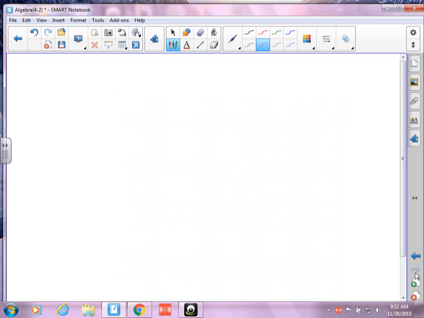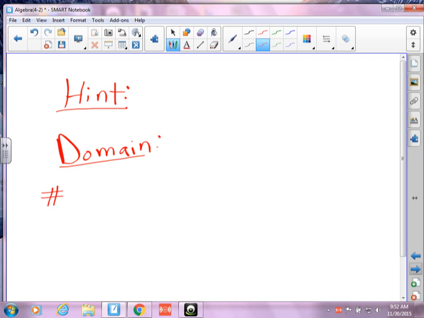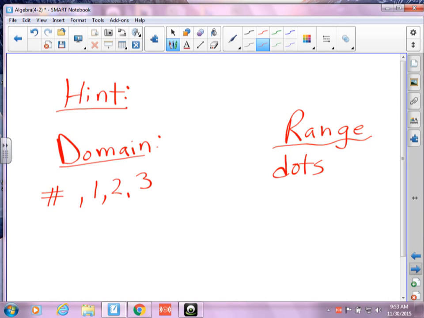Okay, so here's a hint. If you have a domain where you have numbers like 1, 2, 3, then your range, you're going to have dots. And I would write this down.